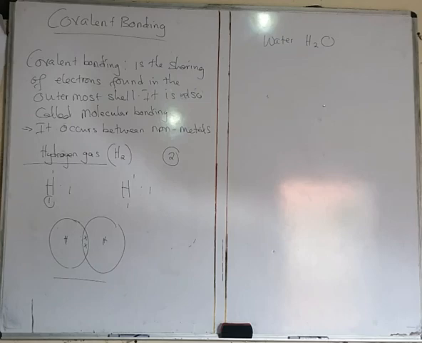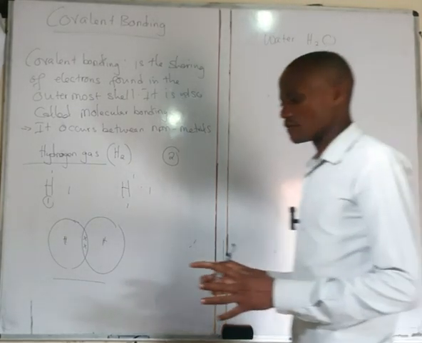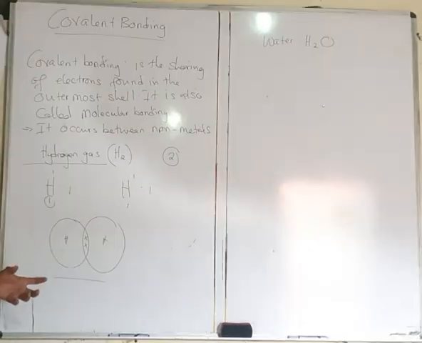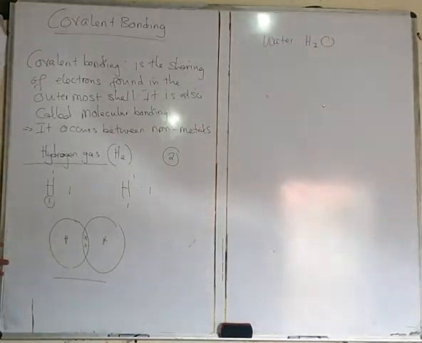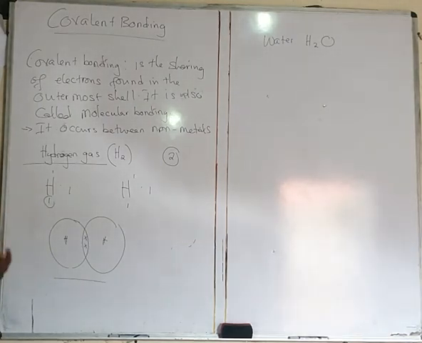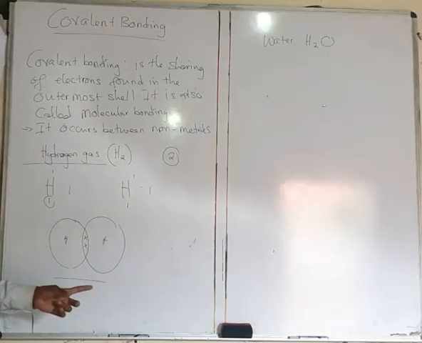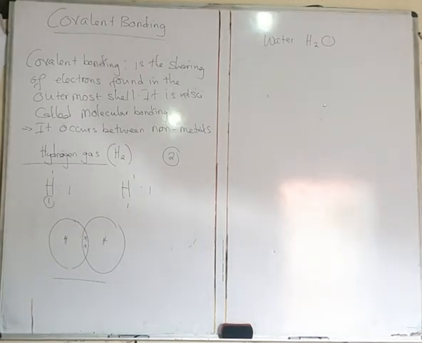You get that, don't you? Sometimes they can specify, showing all the shells, all the electrons. Sometimes they'll just say, showing the outer electrons. When demonstrating bonding under covalent bonding, we only show the outer shells. But when they say showing all the electrons, it means we have to show all the shells present.